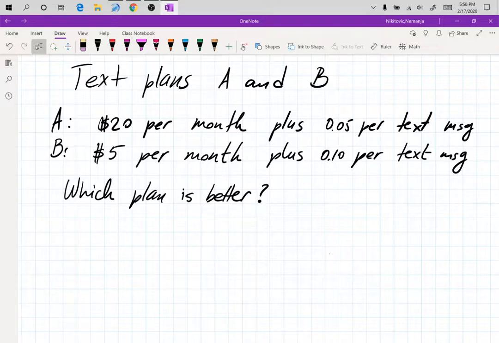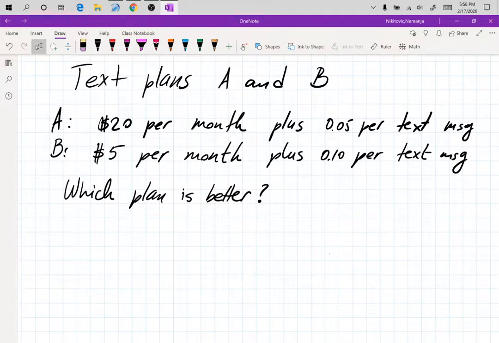So how about we model these and set them equal to each other to see where that threshold number of texts is, which makes one plan better than the other plan, right?